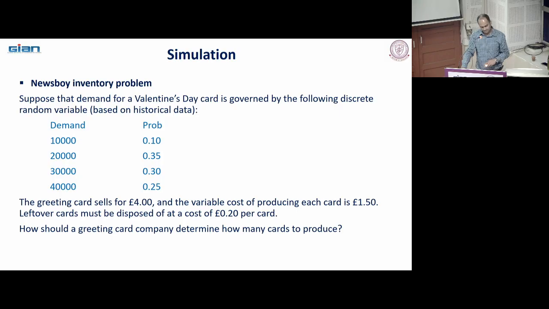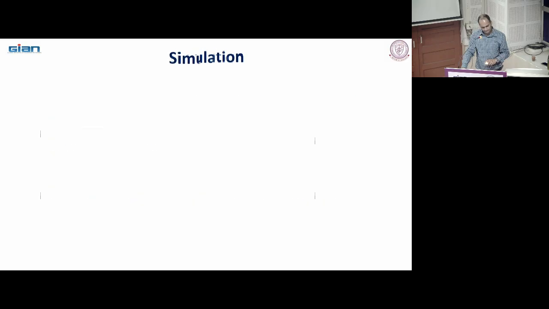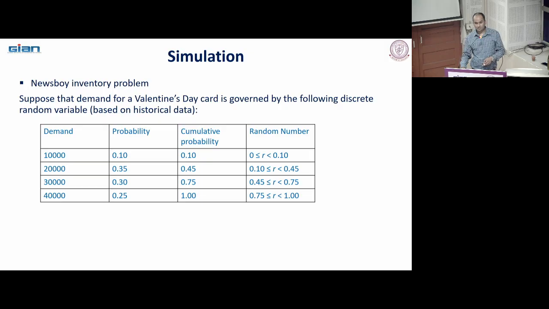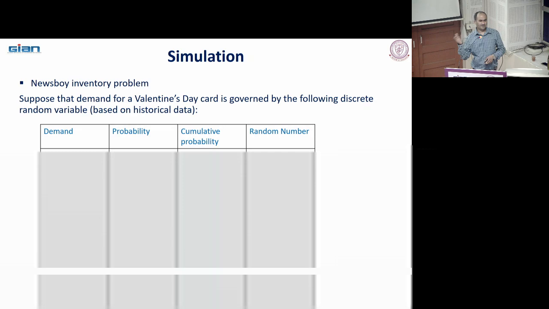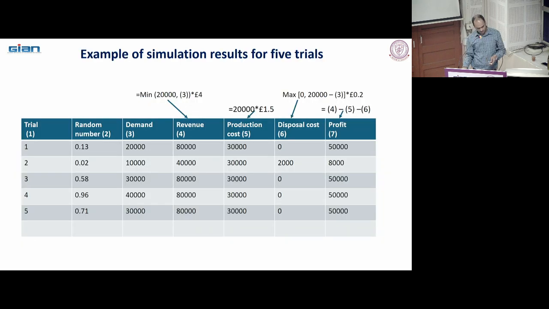Any idea how much we should produce? From the probability, you need to find the cumulative probability. Then we develop the random number and see where that random number falls, and it does that calculation. You can see the example of 5 trials here.